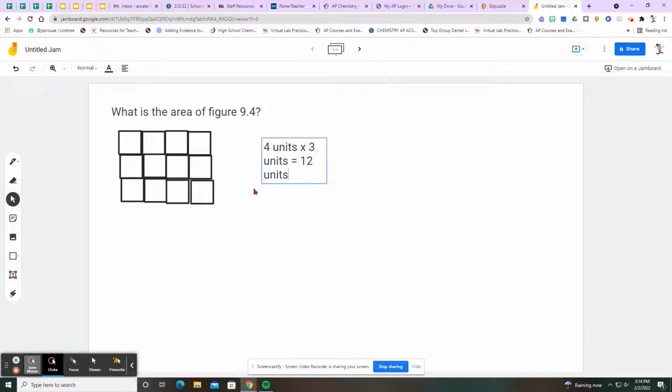So for this Jamboard, I'm going to put my little caret and put 2. Because not only did I multiply the numbers 4 times 3 to get 12, but I also multiplied the units. So units times units is units squared. Another way to think about it is if each one of those squares was a centimeter, we could say 4 centimeters times 3 centimeters equals 12 centimeters squared, because we're multiplying a centimeter times a centimeter, which is a centimeter squared. Okay, so that's for area.